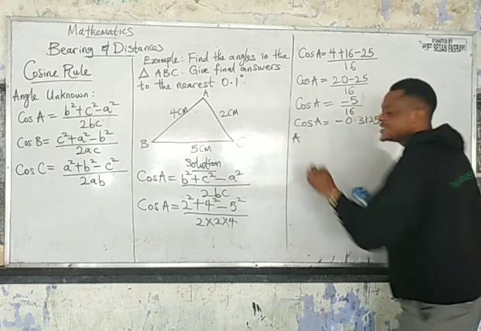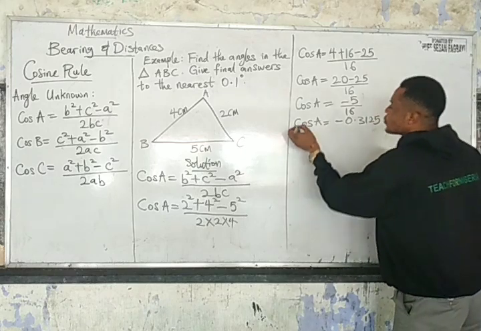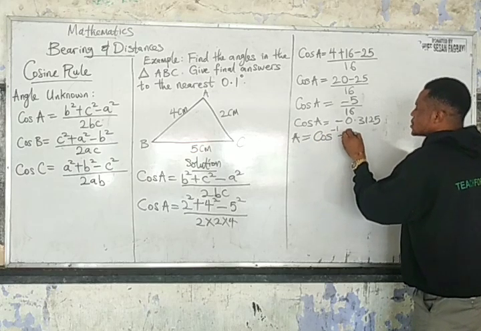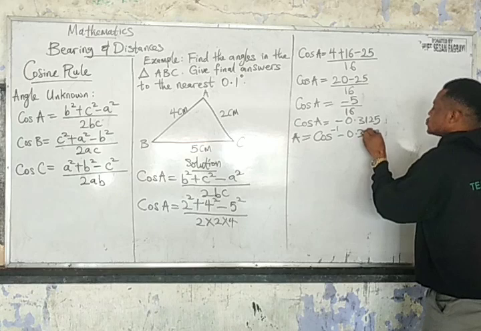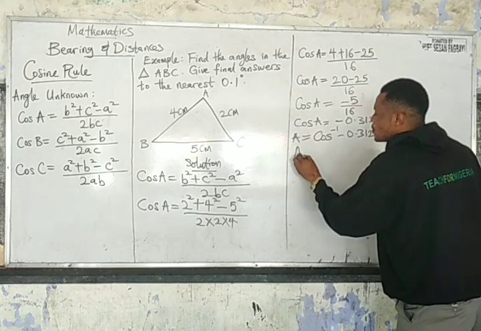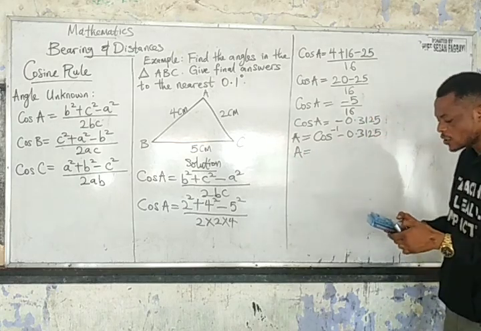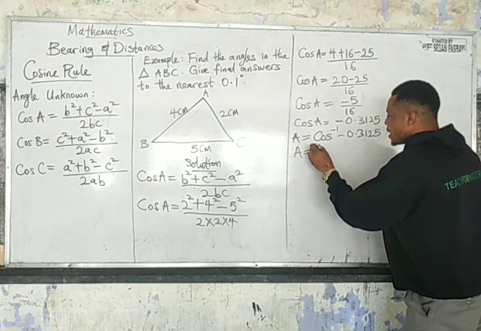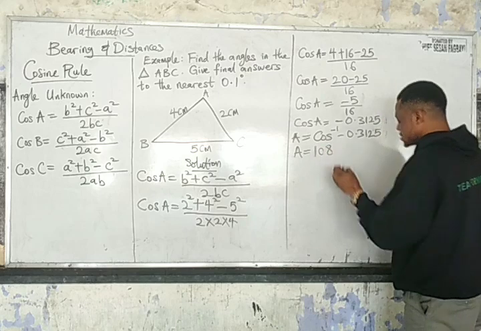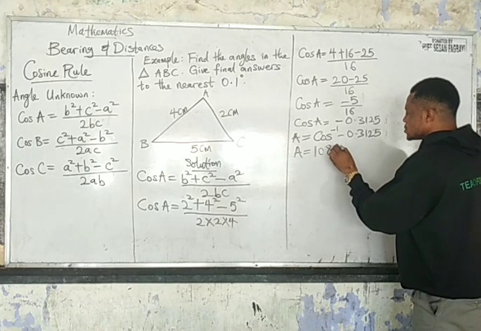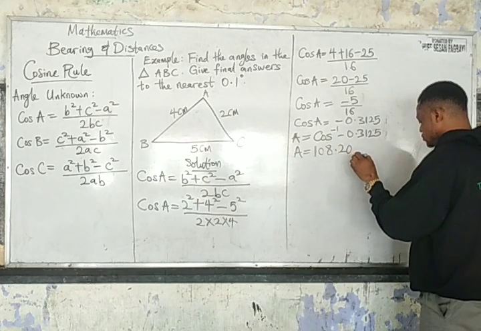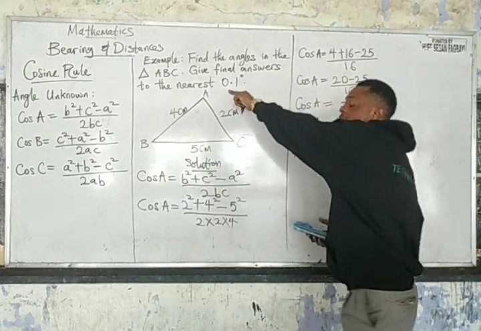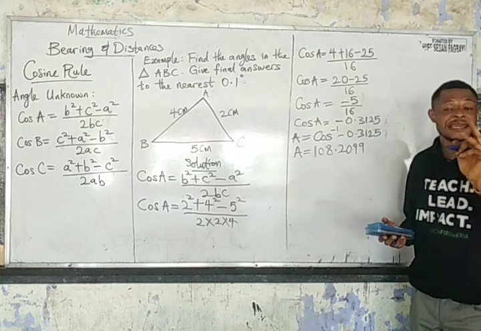So for us to get the A, the cos will move to the other side and it will become cos inverse of minus 0.3125. So from the calculator, A will result to 108.2099, and we are meant to leave our answer to the nearest 0.1, which means to 1 decimal place.